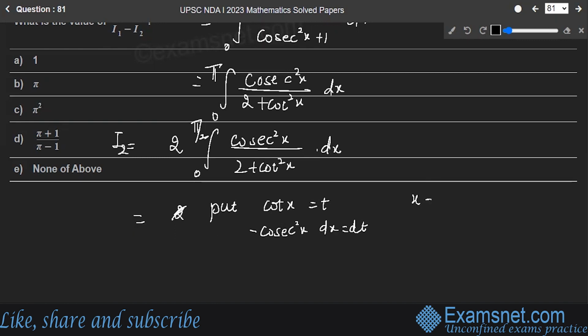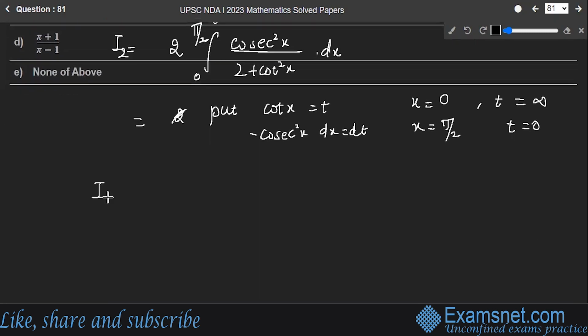Let's change the limits. When x is equal to 0, t tends to approach infinity, and when x is equal to pi by 2, t will be 0. So let's change the limits. I2 now will become minus 2 taken outside.